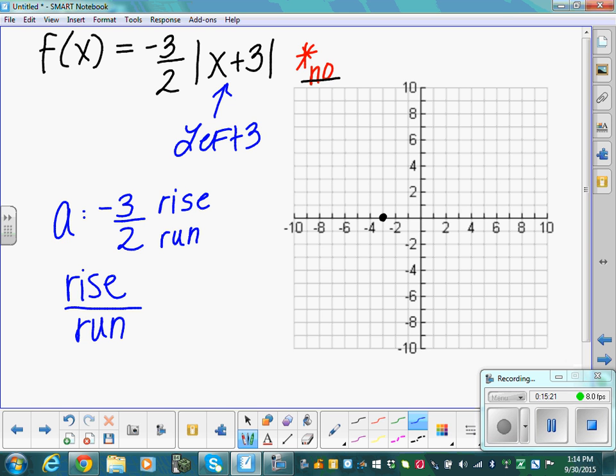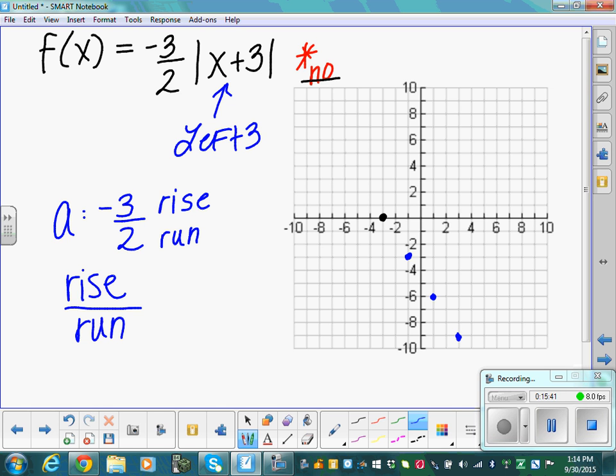From our starting point, I'm going to go down 3 because our rise is -3. So down 1, 2, 3, and then over 1, 2. Once again, down 1, 2, 3, and over 1, 2. And again, down 1, 2, 3, over 1, 2.